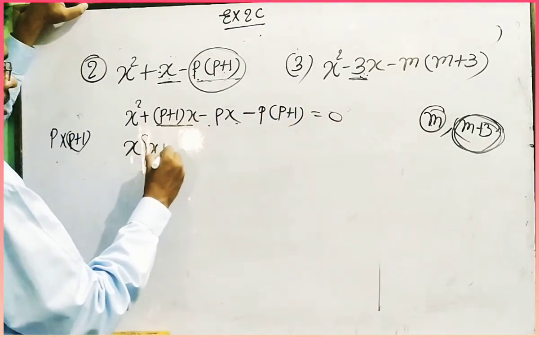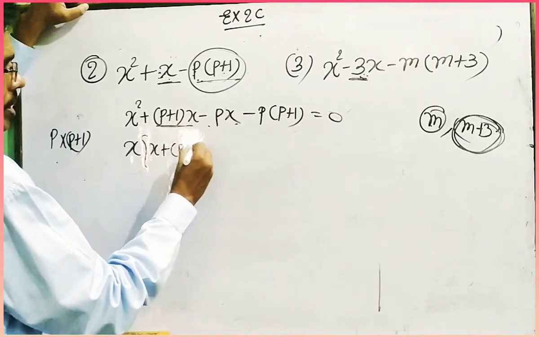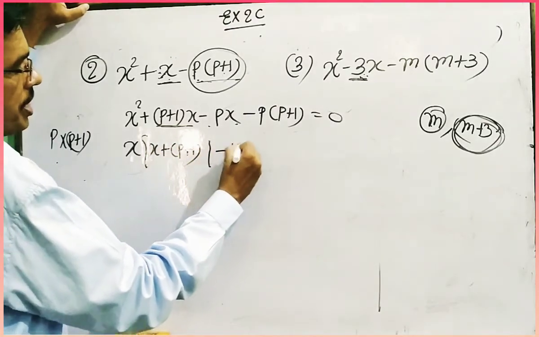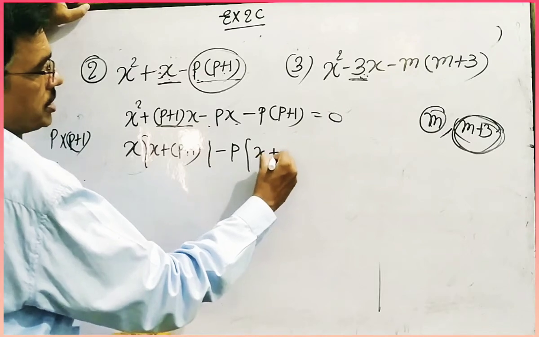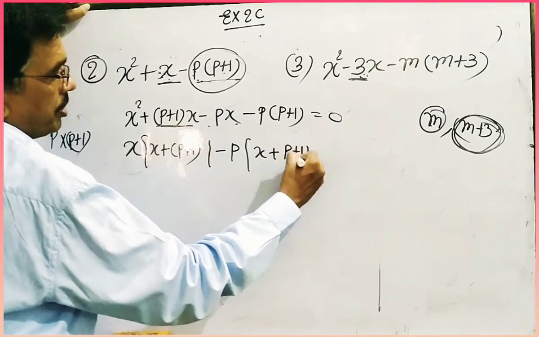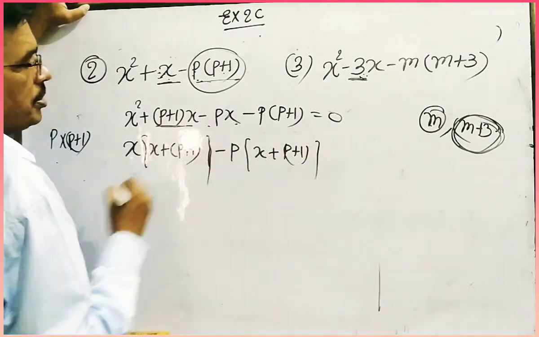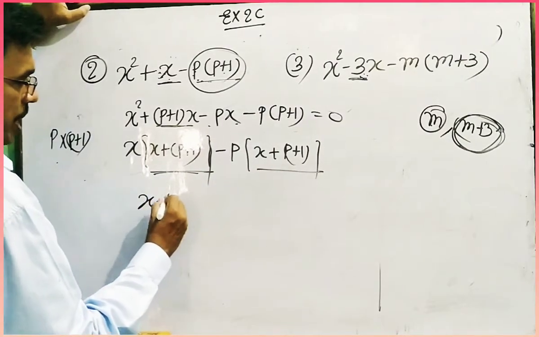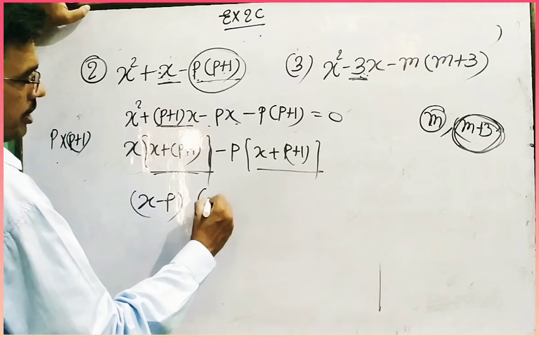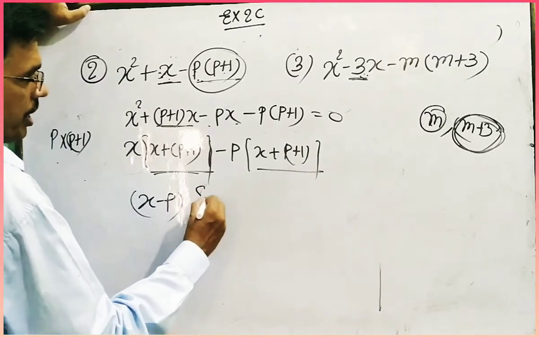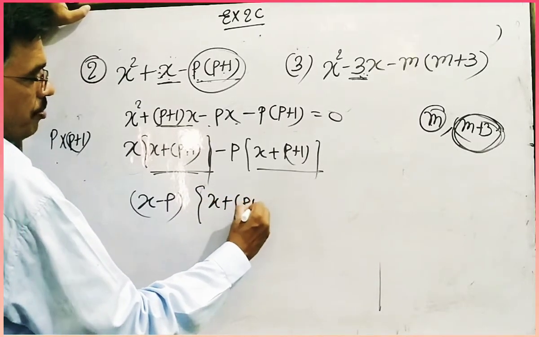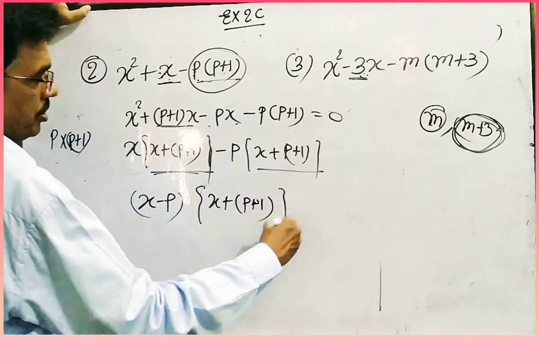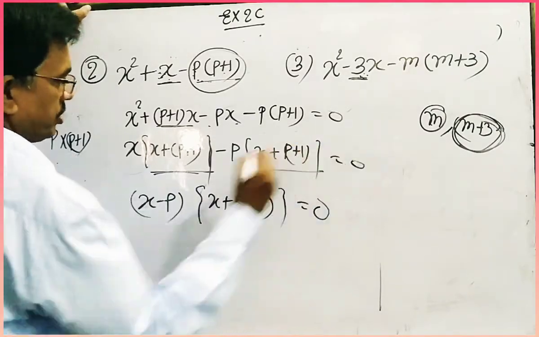Then here is x plus p plus 1, and here is minus p. Then x plus p plus 1 is common, so we write x minus p in the curly bracket times x plus p plus 1 is equal to 0.